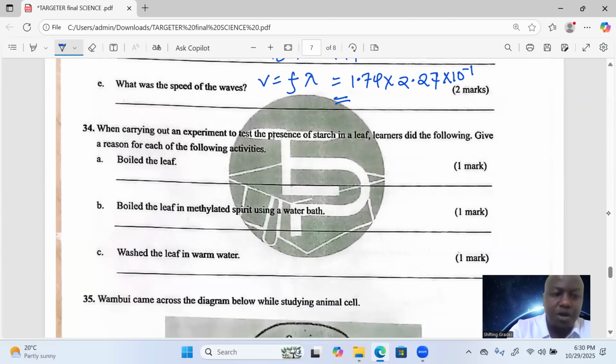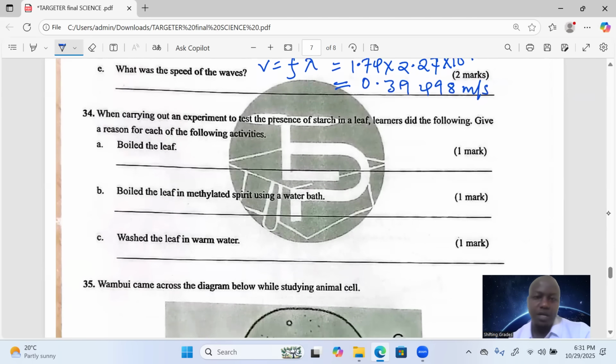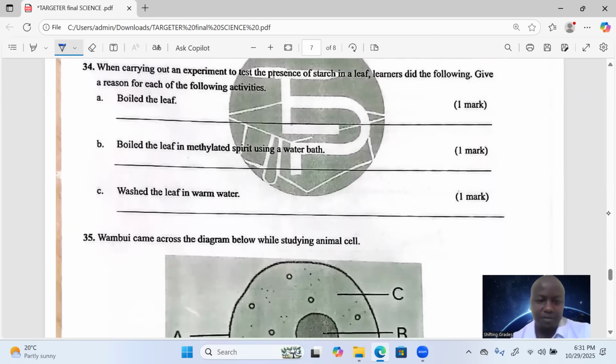This gives us a velocity of 0.39498 meters per second. That is the speed of the particular wave.